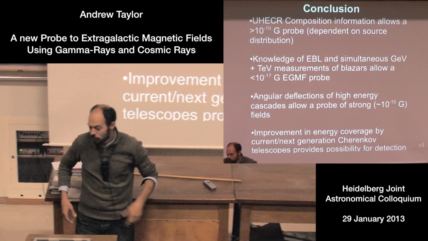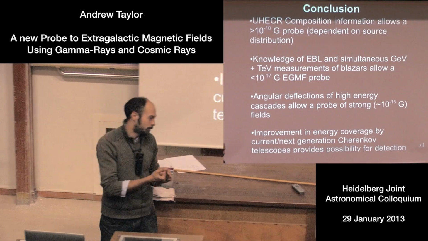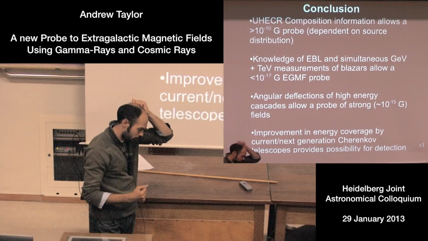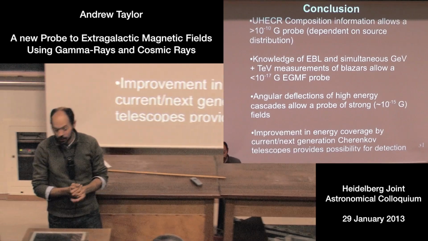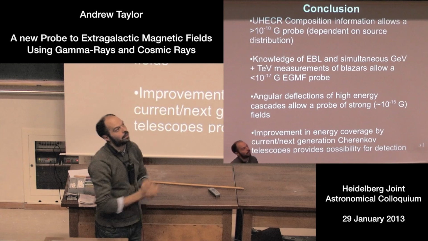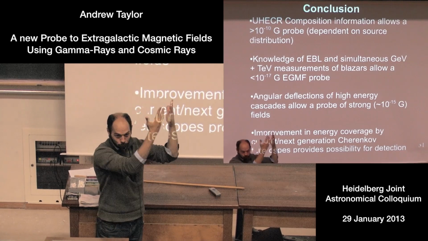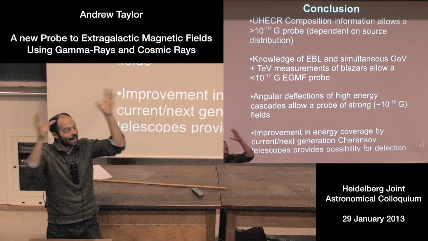I mean, there are people using Fermi data. Fermi has essentially full sky coverage. People have looked for much broader pair halos and beam-broadened cascades from the blazars, and even stacked those all together.